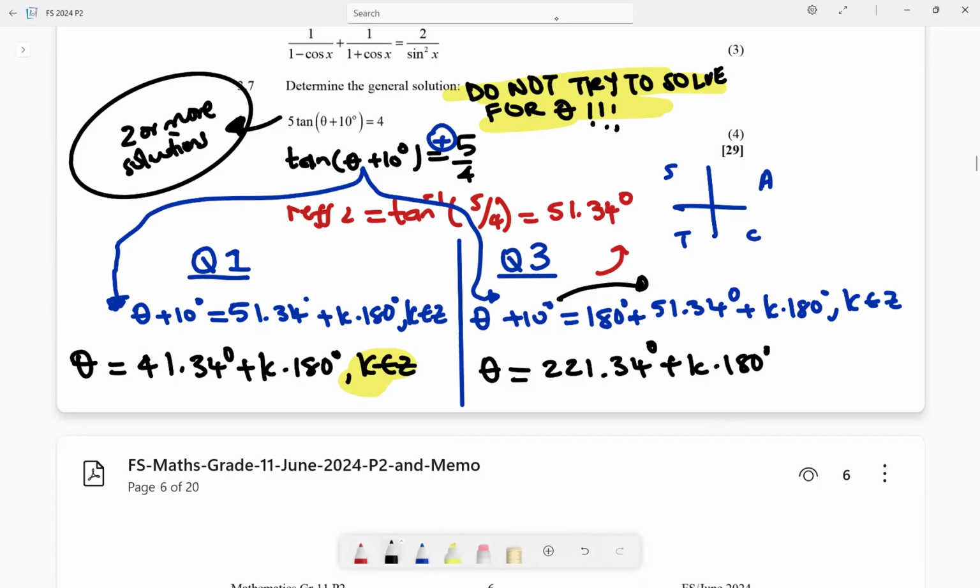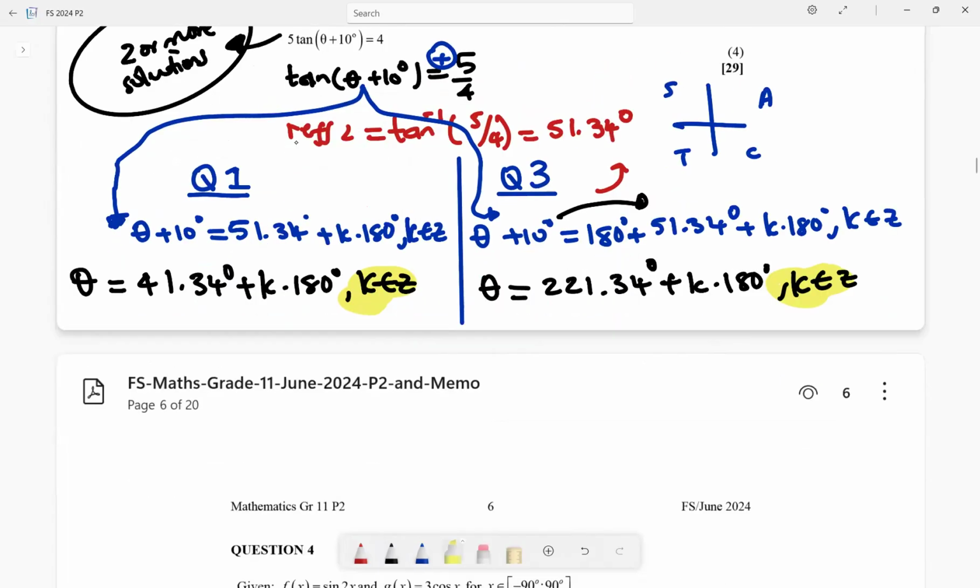Then you can say k is an element of the integers. You can leave it, that is not compulsory, but write it so that you do not forget it. So this is what they mean when they say determine the general solution.